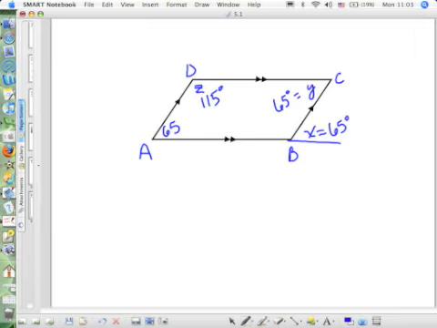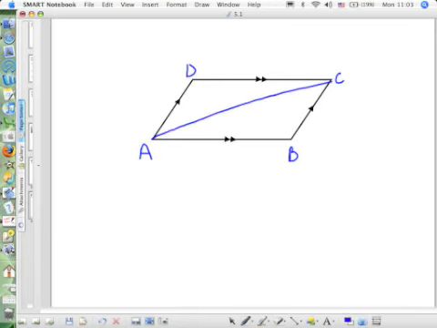All right, number 4, we have parallelogram ABCD, and we have a diagonal drawn across. It may be going the opposite direction, but anyway, here we go. Let me get my angles right. That's all right.